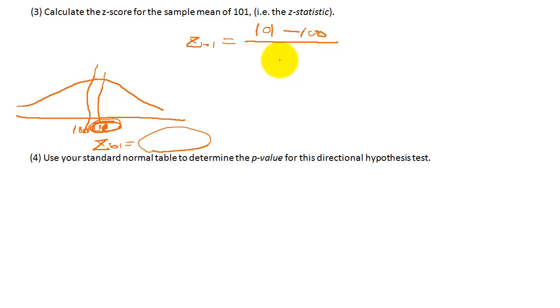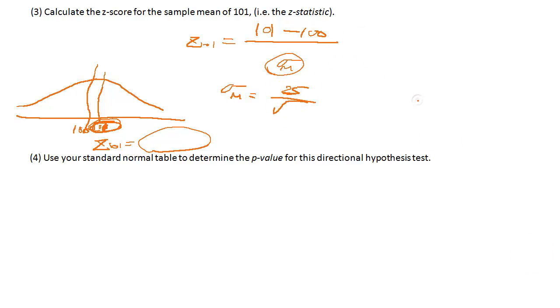The standard deviation for that is the population standard deviation divided by the square root of the sample size.